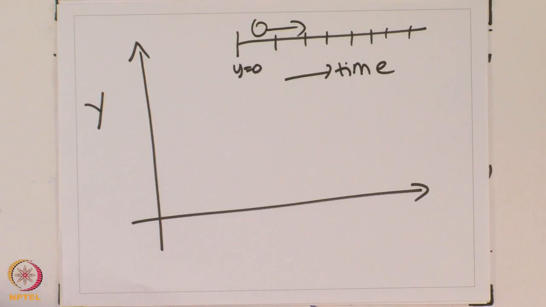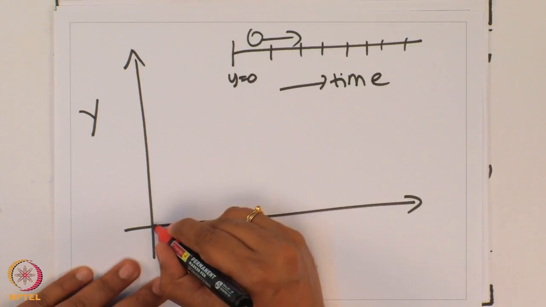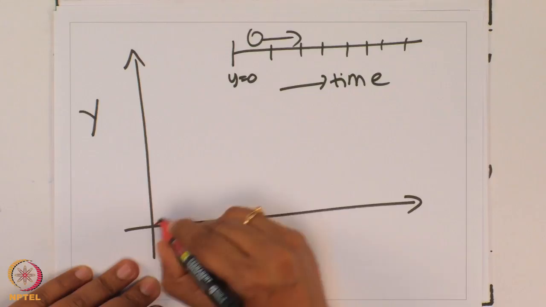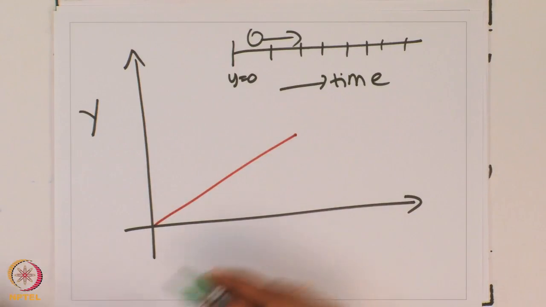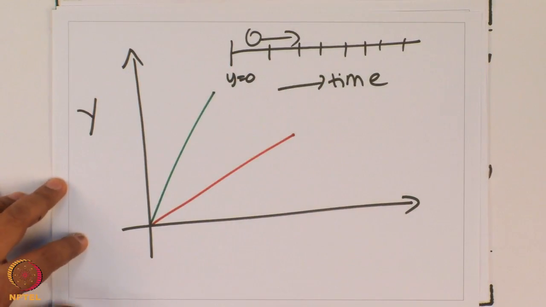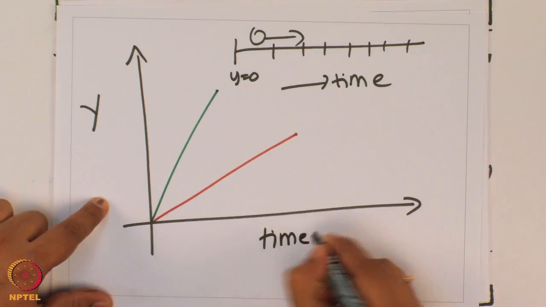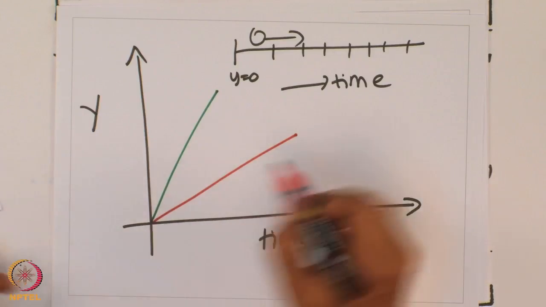We will get some data, and if we plot this, we might get two graphs. Let's say I did one experiment. If I am walking, let's say I got this. If this is a car, I might get something like this. This is time on the x-axis. So I did an experiment of a person walking.